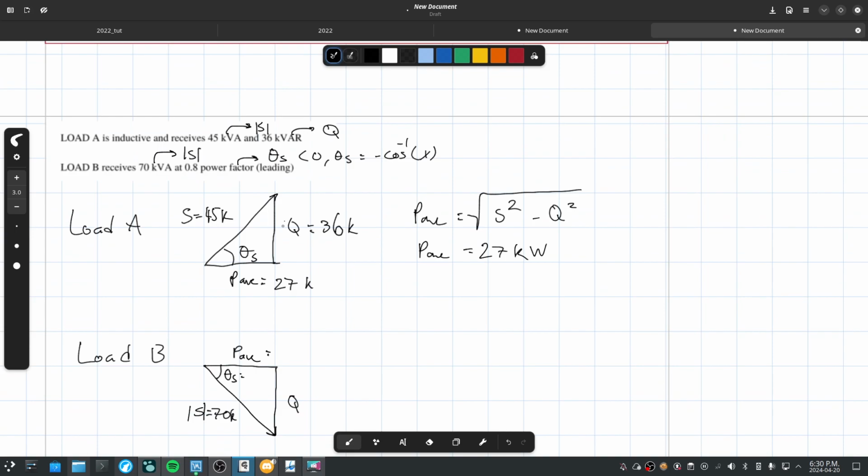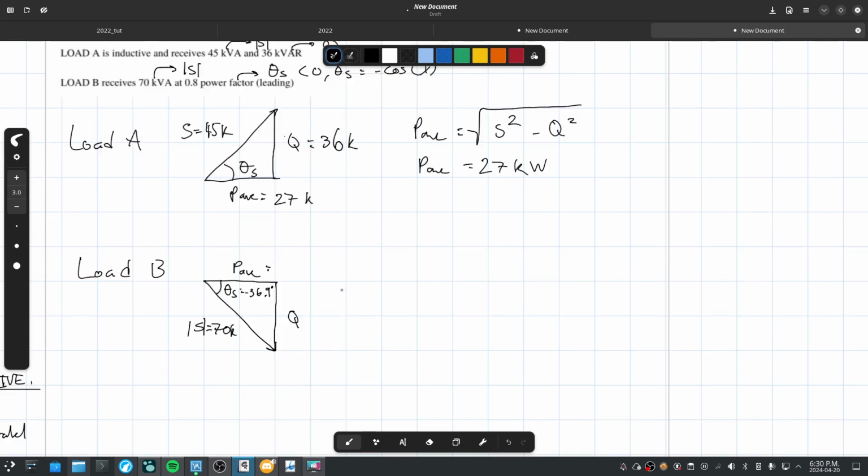So theta S, let's put that into the calculator. That's negative cosine inverse of 0.8, which is negative 36.9 degrees. Again, this is just trigonometry. This is a triangle. There's nothing special about it. So now we can do that using our trig relations.